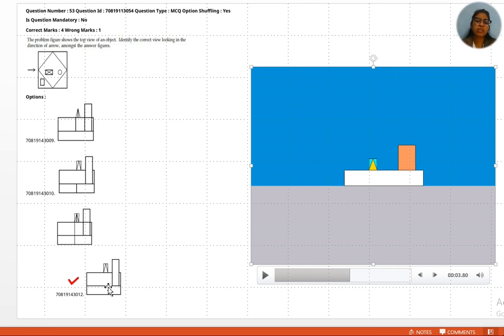Now find out the difference between the B and C options. Okay. So when we look at the B and C options, there is a difference of this line. So will you get to see this line over here? Because as you can see, there's a square which has been rotated actually.